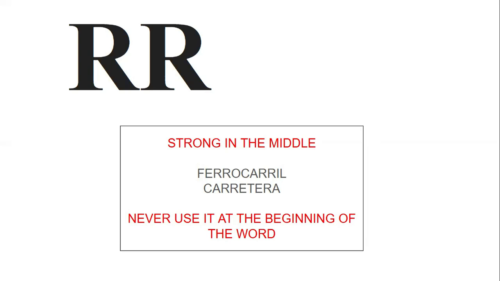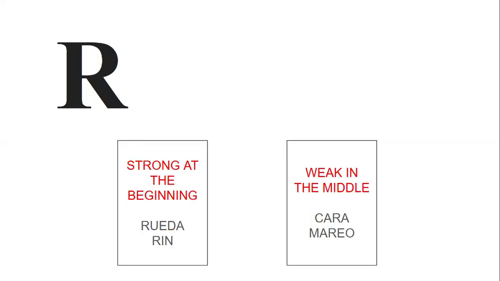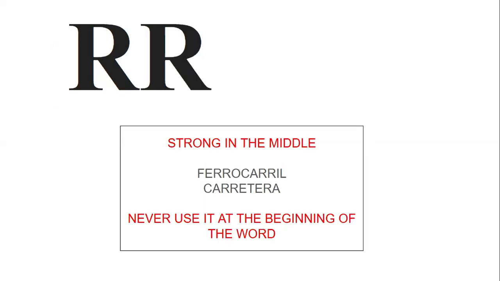Ferrocarril, carretera. And never use it at the beginning of the word. For that purpose, we have this one. The letter R, we say that it is strong at the beginning. We don't need to put a double R at the beginning because we already have this one.